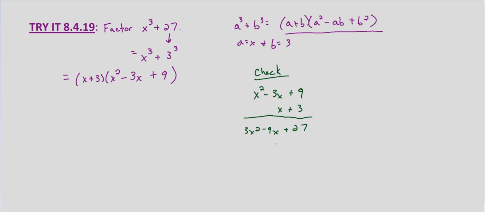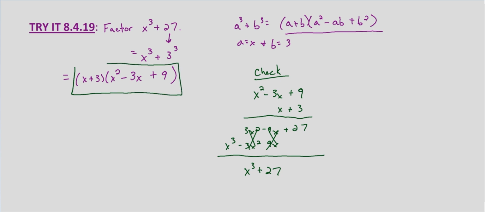And then 9x and minus 3x squared. And x squared times x is x cubed. We add those together. These cancel, and we're left with x cubed plus 27, which does verify our solution that x cubed plus 27 factored is x plus 3 times x squared minus 3x plus 9.